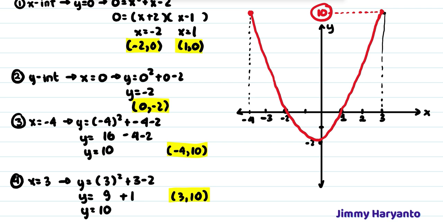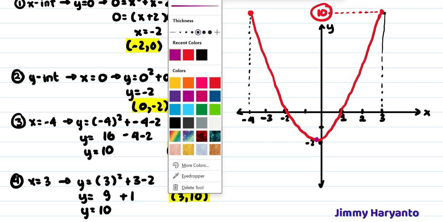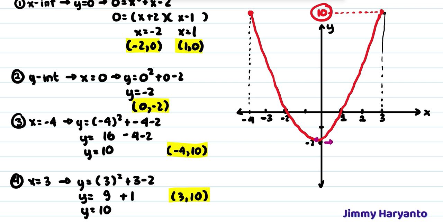But the lowest point we don't know yet, so we have to find this lowest point first. If you think that the lowest point is 0, negative 2 right here, it's actually not. You have to be certain whether it is 0, negative 2 or not.